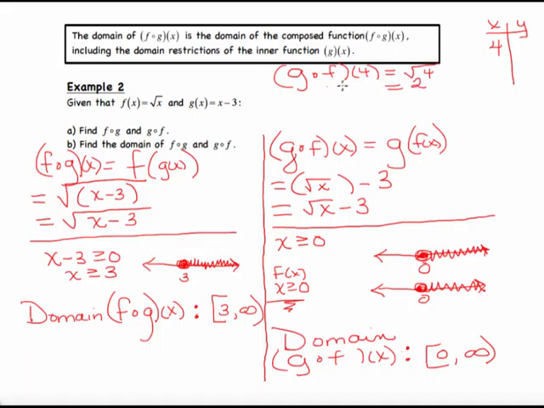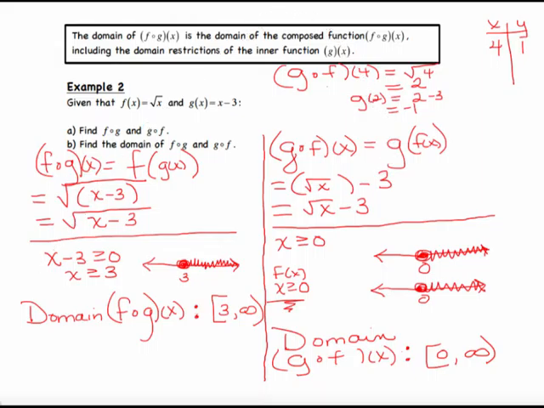And then you would take that 2 and substitute it in for g. So then we would do g of 2, and g of 2 would be 2 minus 3, which is negative 1, and that would work perfectly.